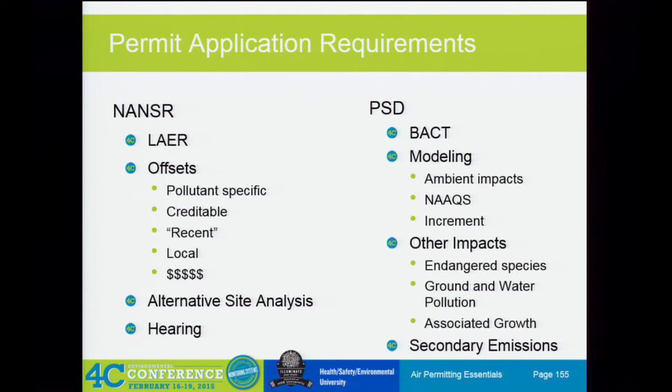You'll have to look at the associated growth in the surrounding area that will also take place as a result of you expanding your process and the emissions associated with that. And you also have to consider secondary emissions, so emissions from vehicles and things like that.